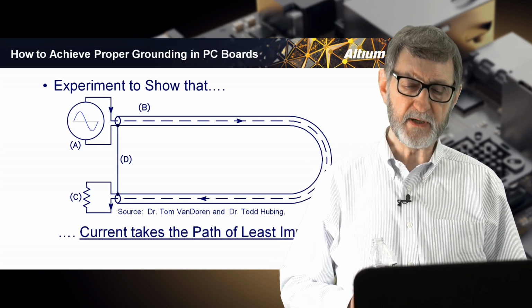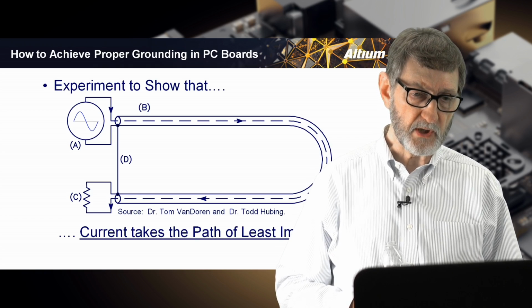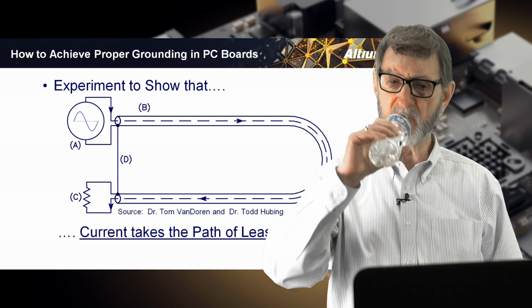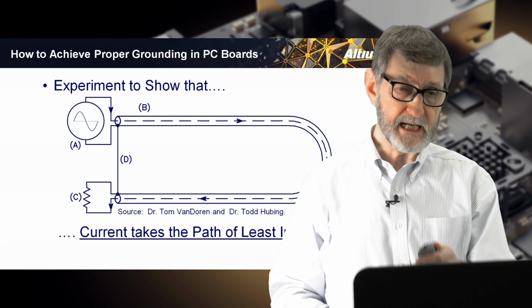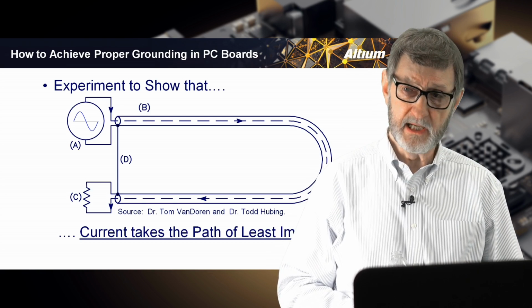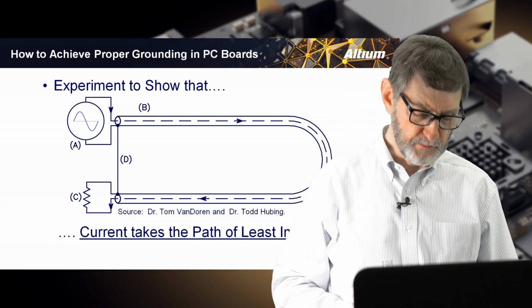And what you will find is at DC, 100% of the return current from this circuit will be in that short piece of wire. Obviously, the forward current will be in the center conductor of the coax as it travels around that loop, but the return current at DC will be in the wire.